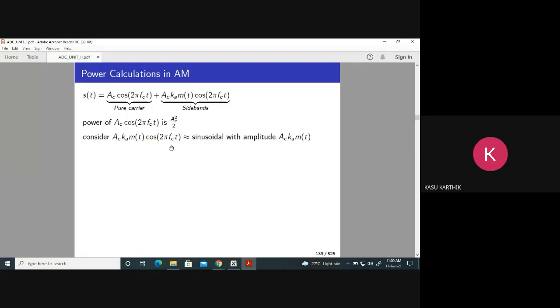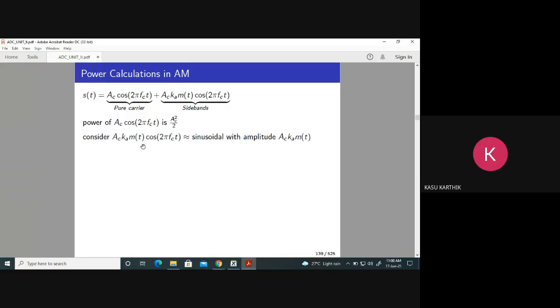Since both are time varying functions, I assume that, approximately, compared to cos 2 pi fc t, m(t) is relatively constant. Do you agree with me? Because m(t) varies very slowly compared to cos 2 pi fc t. Why? The carrier frequency fc is much more than the message frequency. That should be the case generally.